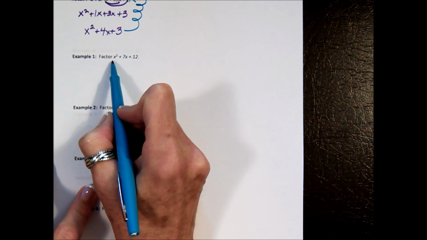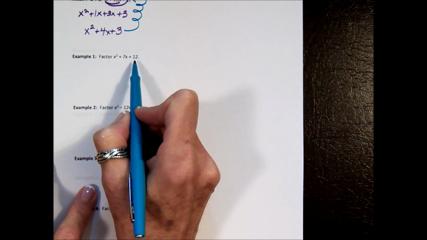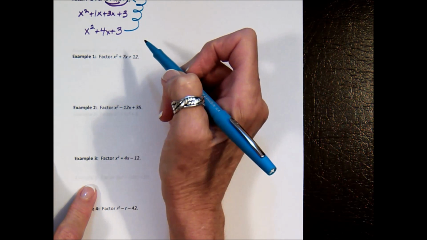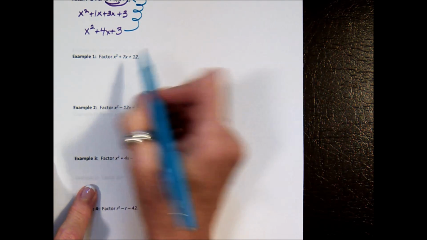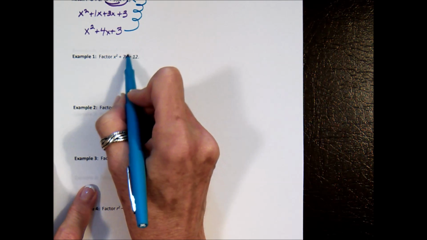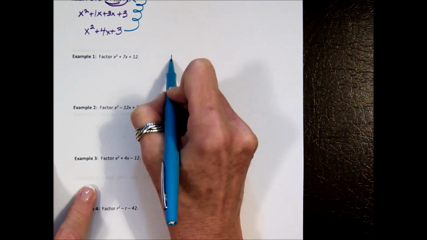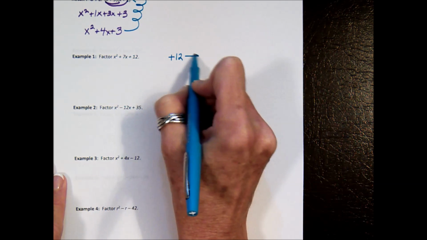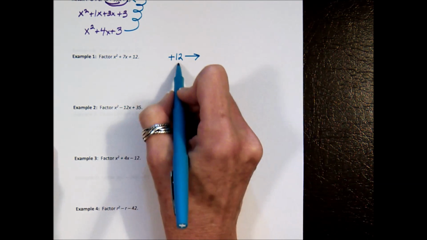We want to factor x squared plus 7x plus 12, meaning we want to get it back to what looks like a FOIL problem. So here's how you do it. You take the last term with its sign and you say, I'm looking for factors of positive 12. Make a little arrow to the right.